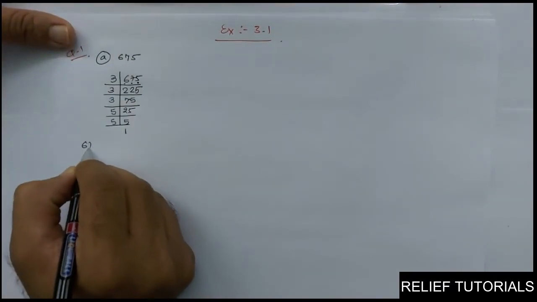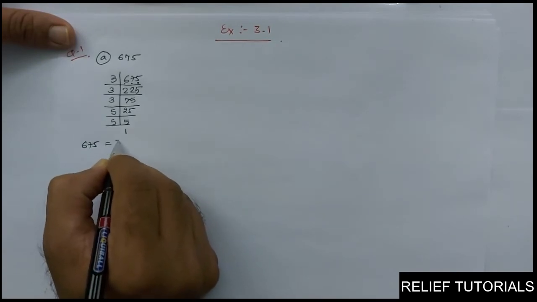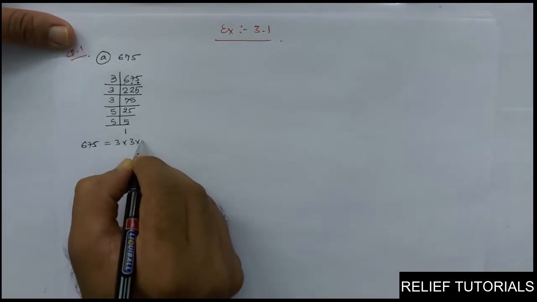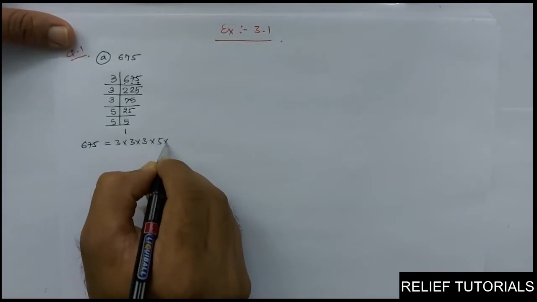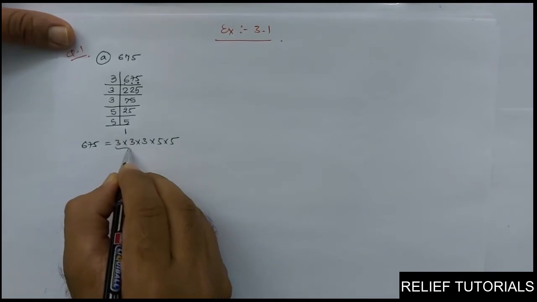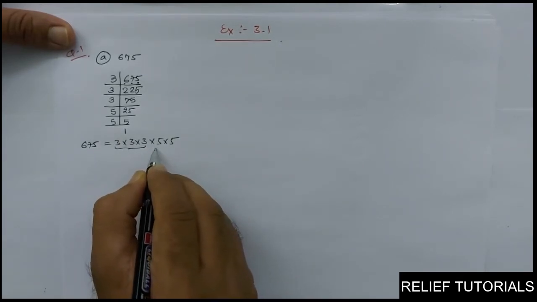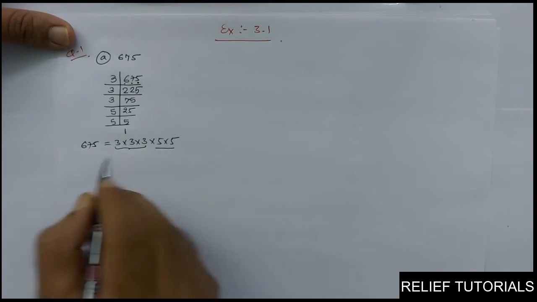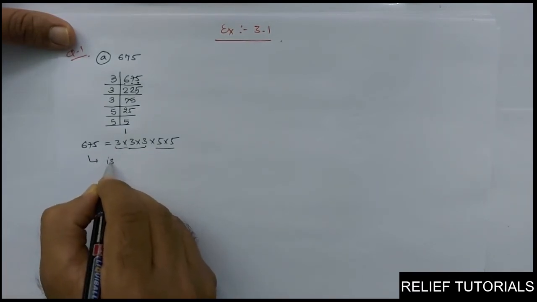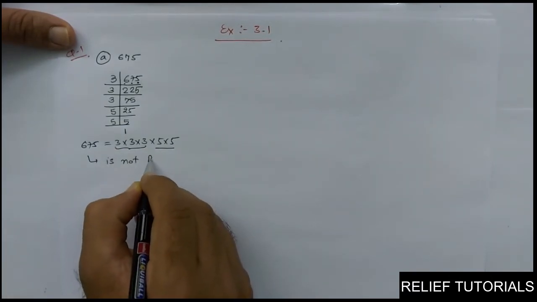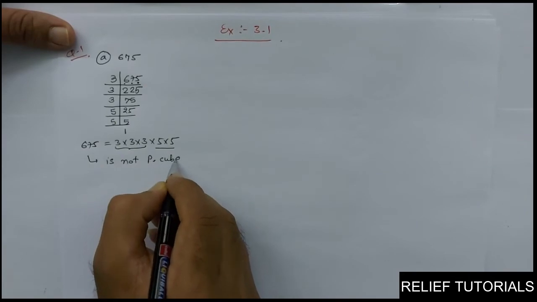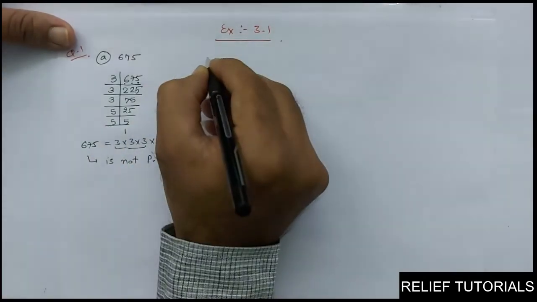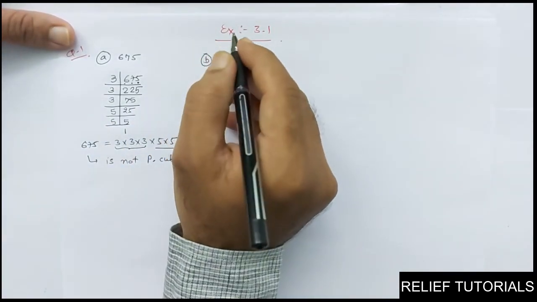So 675 is equal to 3 into 3 into 3 into 5 into 5. You can see a triplet of 3, but not of 5. So this 675 is not a perfect cube. Easy.